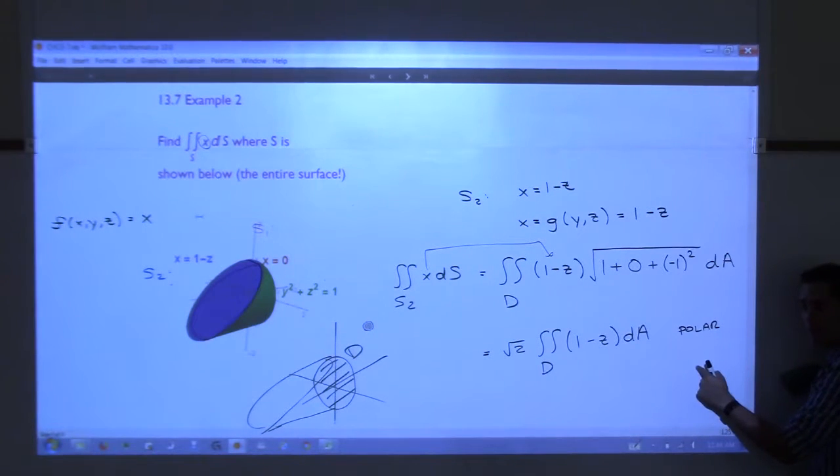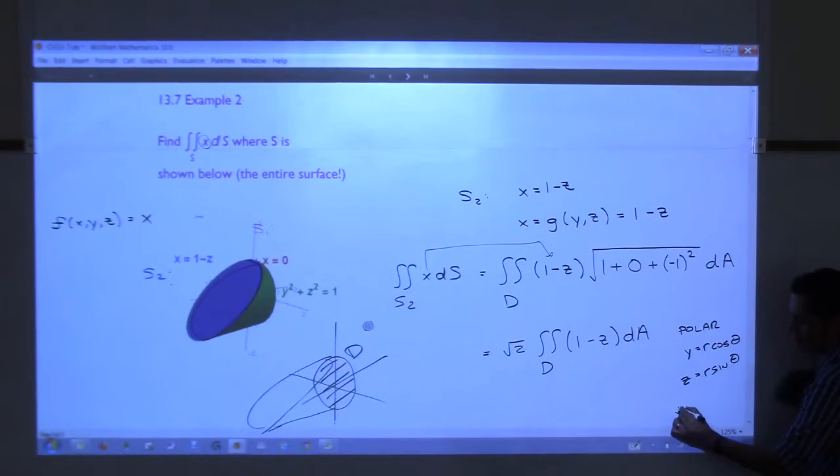And we do y with r sine theta, right? But that's if we have x and y as our plane. Here it's yz. So we're going to let y be equal to r cosine theta and z be equal to r sine theta. And then we have the identities y squared plus z squared equals r squared and all that stuff.